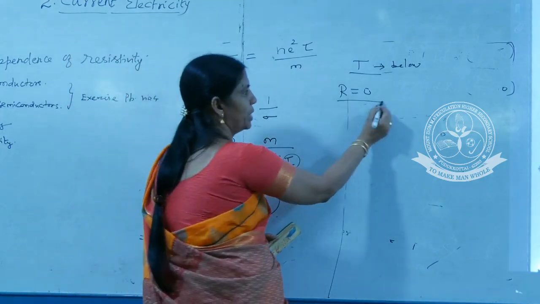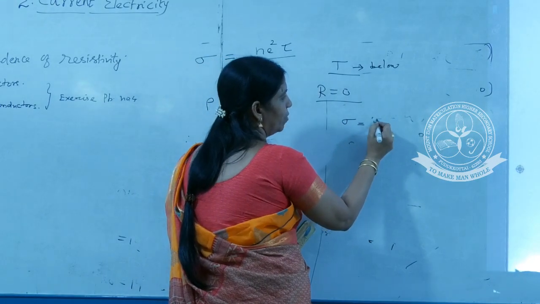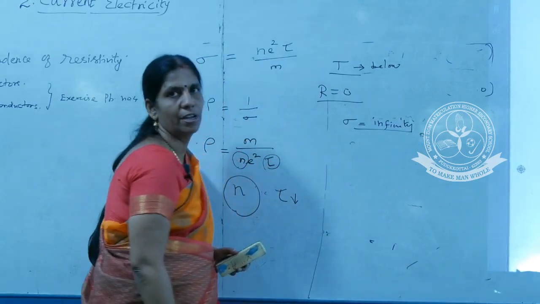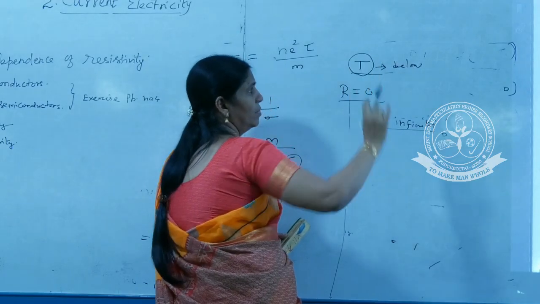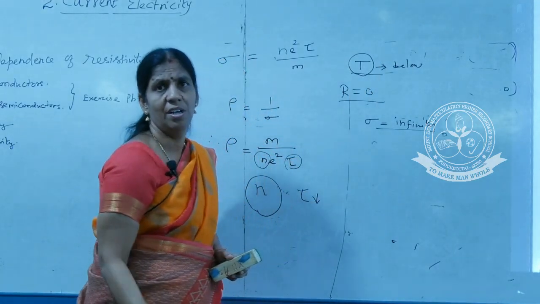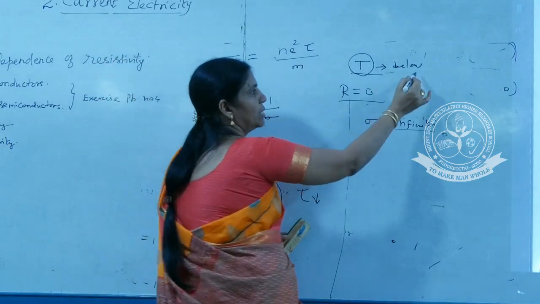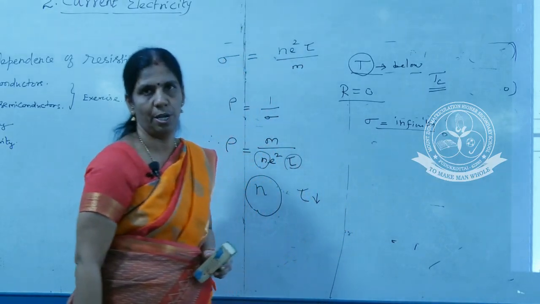When the resistance becomes zero, automatically its conductivity becomes infinity. The lowest possible temperature where the resistance of certain material becomes zero is nothing but critical temperature or transition temperature.